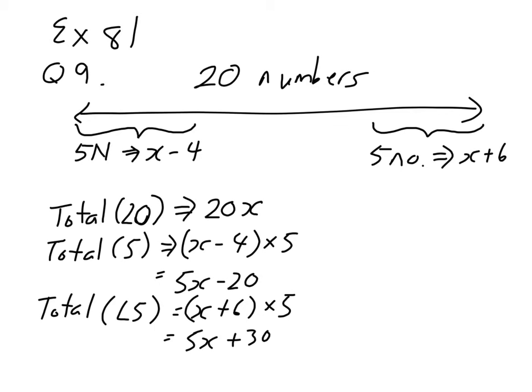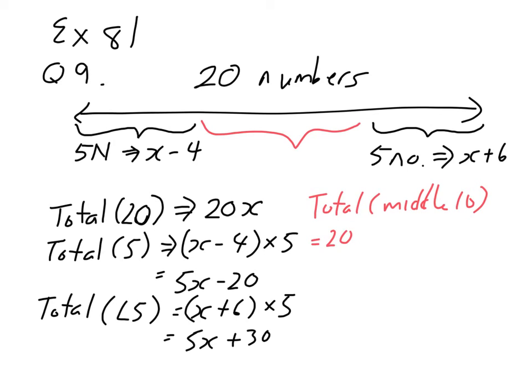So what is the total of the 10 numbers in the middle? Down here in the middle. Okay, the middle 10. Total of the middle 10 numbers will be just the total, which is 20x, minus the first 5 numbers total, minus the last 5 numbers total. Understand?